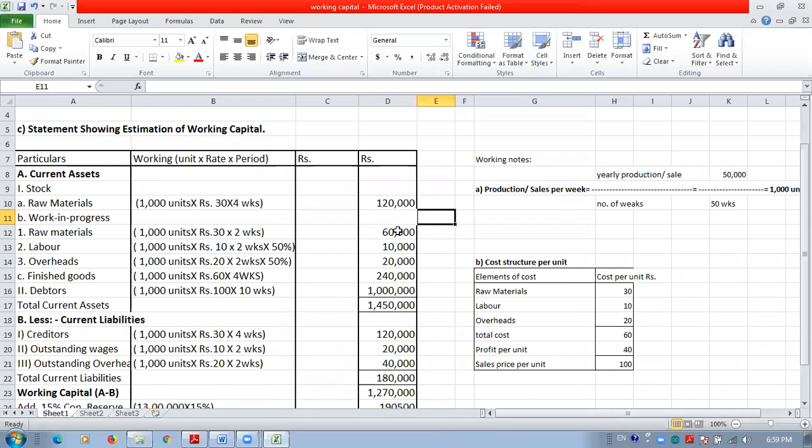So how do we find out that number? It is the question to solve.